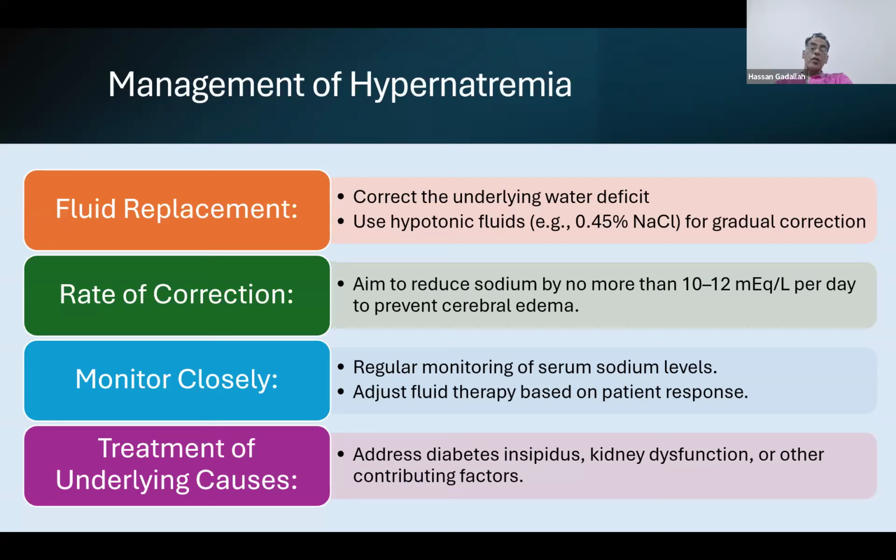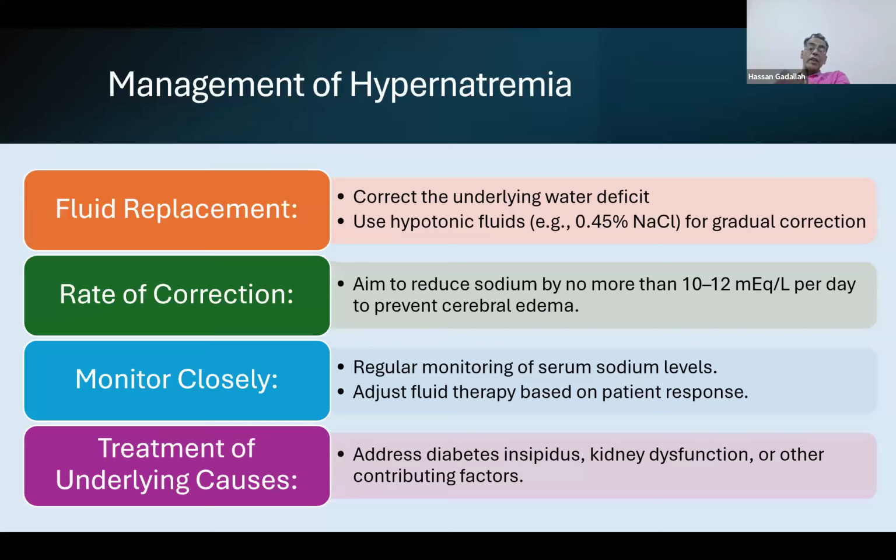Just consider that in cases of a big free water deficit replaced by dextrose 5%, we have to take care of the hyperglycemia which might occur and be corrected by use of insulin as well.